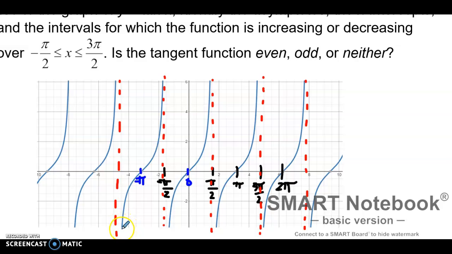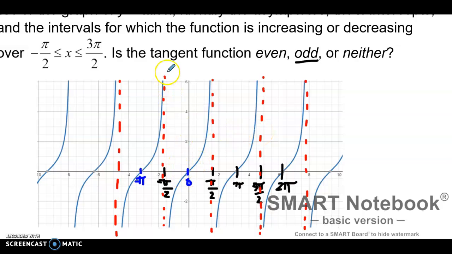Well, it's increasing in between the intervals. So in between this interval here, it's increasing, and then this period is increasing. Is the tangent function even, odd, or neither? Well, we could say this is an odd function, but we have to limit the domain.